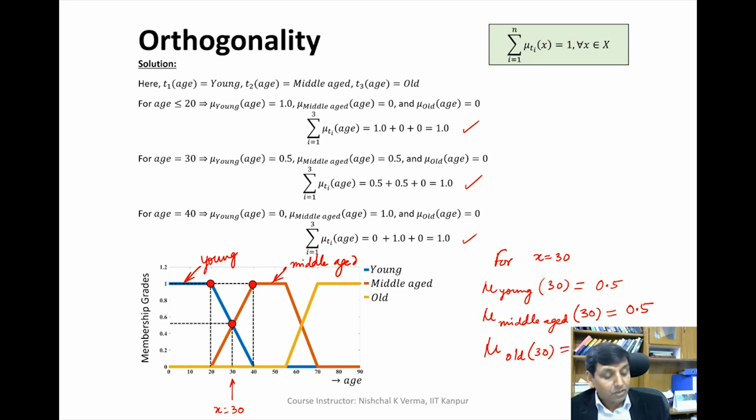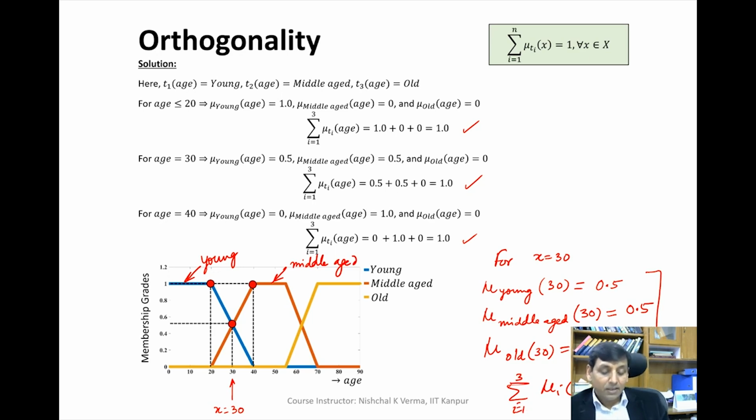When we take the summation of all mu's at 30, i equal to 1 to 3, we see that this is 1.